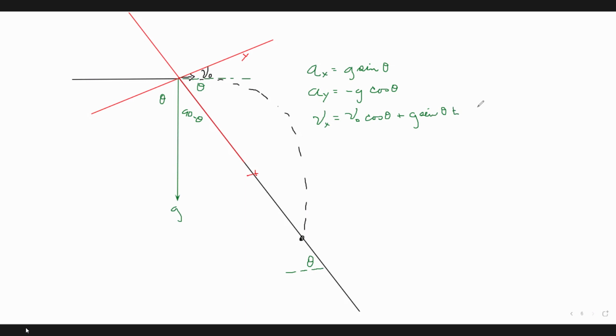Let's make sure that makes sense. So v is going to be the initial velocity in the x direction. That's clearly v0 cosine theta. And it is going to have another term plus the acceleration times the time. So that's right. Let's write down v in the y direction. v0 sine theta minus g cosine theta times t.